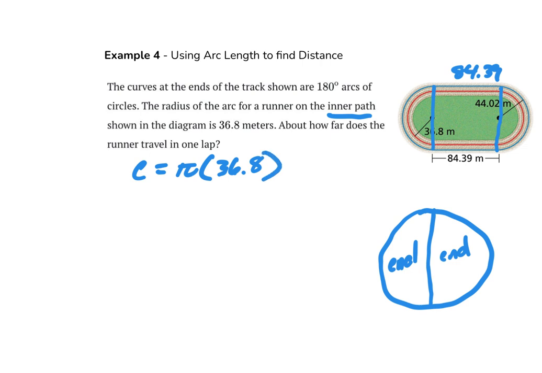Okay, now what I'm going to do here is there's two halves, right? So the two halves make one, okay? And so I'm going to do 36.8, but 36.8 is the radius, so then I got to double that to get the diameter.